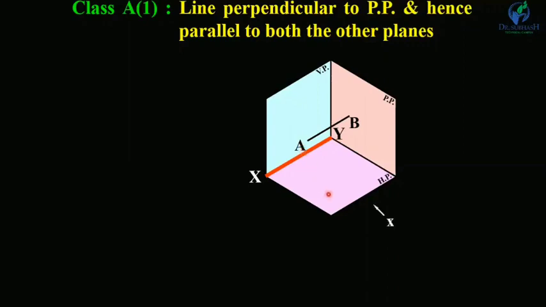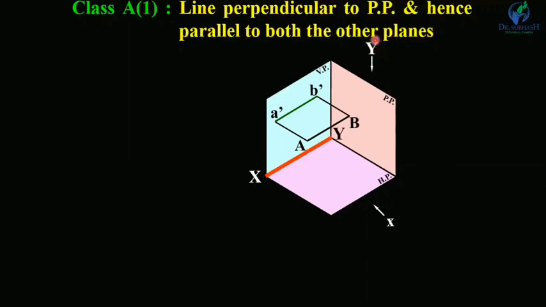Now we are looking from this direction X. The projections of points A and B on the vertical plane are A dash, B dash, and it is known as the front view. So A dash, B dash shows the front view of line AB.